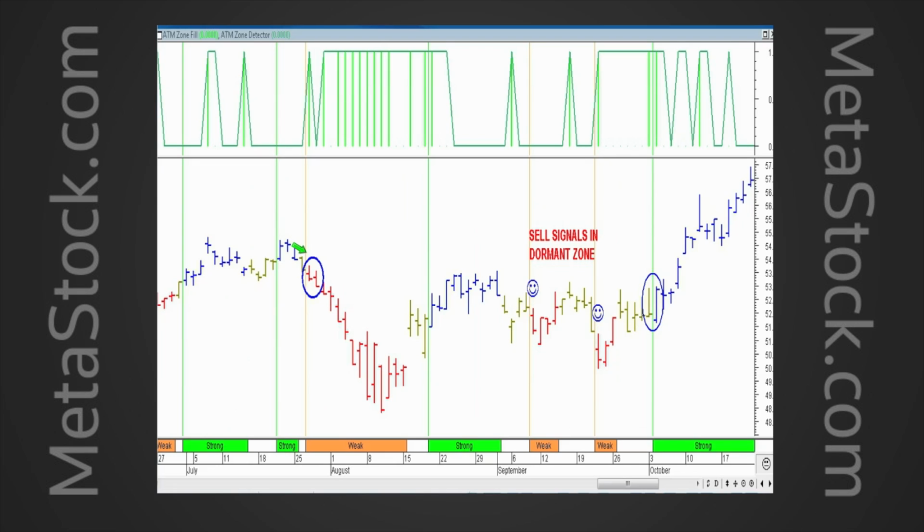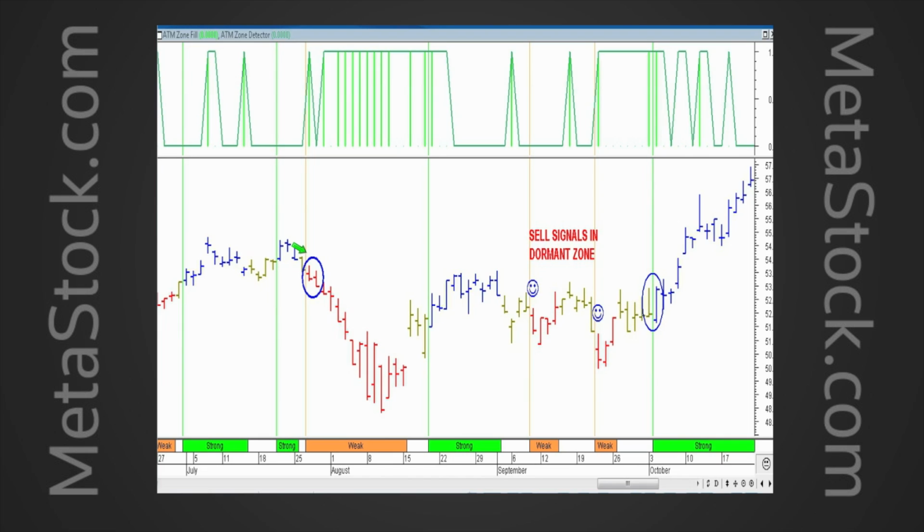The reason I always use this rule of below the low of the red bar is because if it breaks the low, that's a very good test of weakness. It has confirmed weakness. So whenever we sell, we want to sell below the low of that red bar. Or just like when we get a buy breakout, we want to buy above the high of a blue bar. Now let's try and understand how we qualify it with the zone detector.